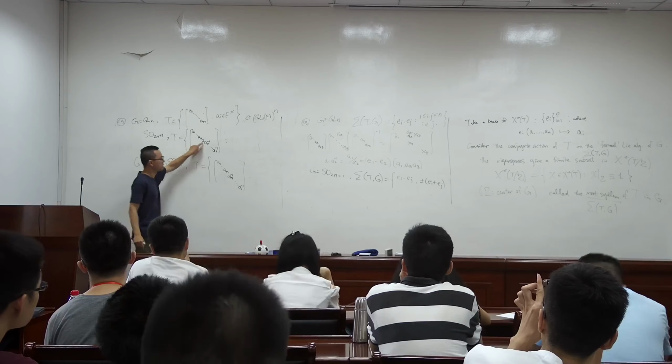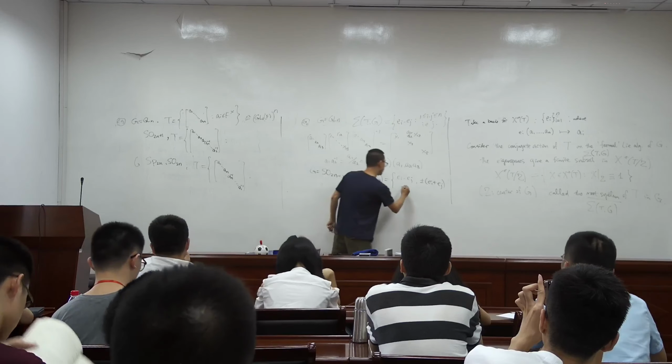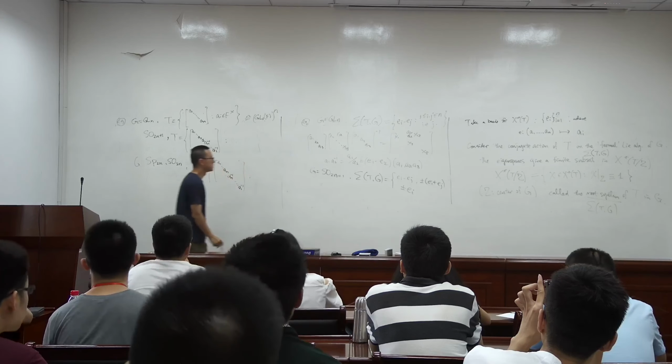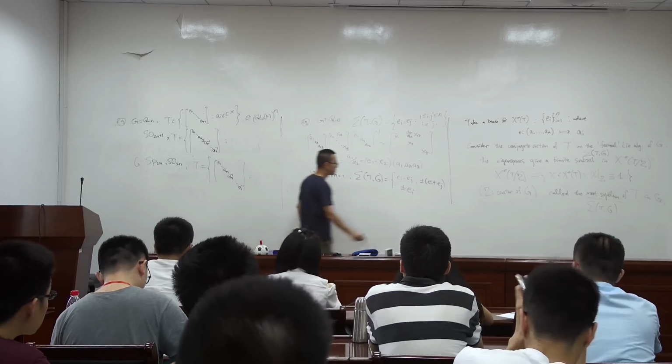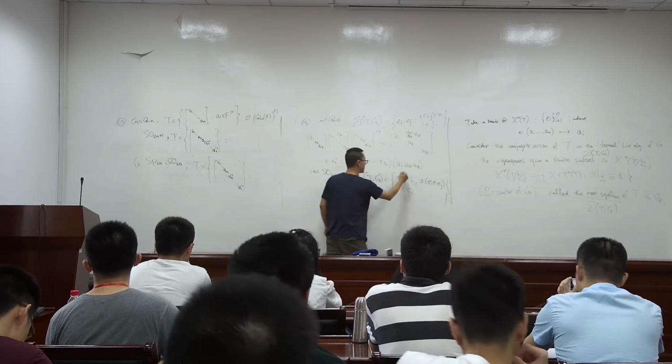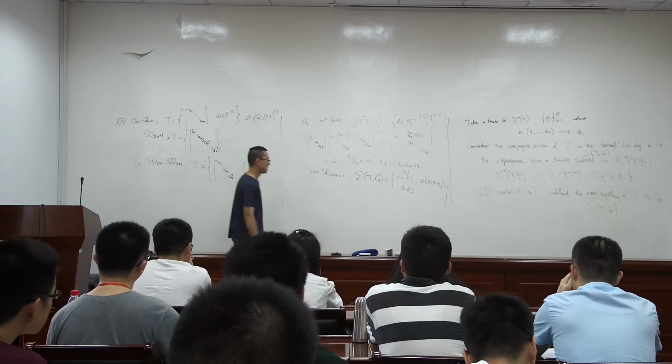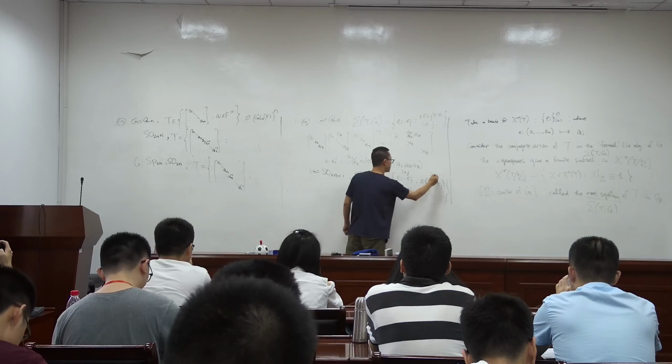And because we have this 1 here, we also have plus minus EI. Of course, I cannot be J.